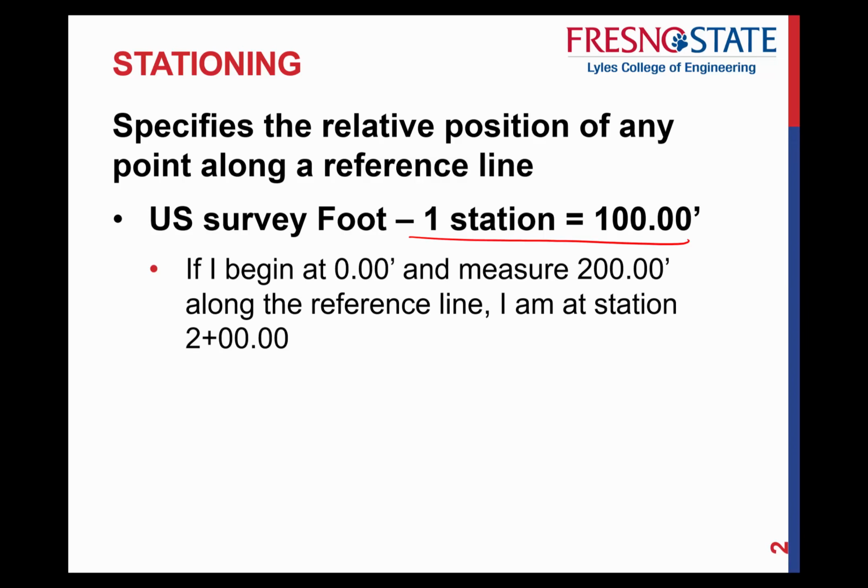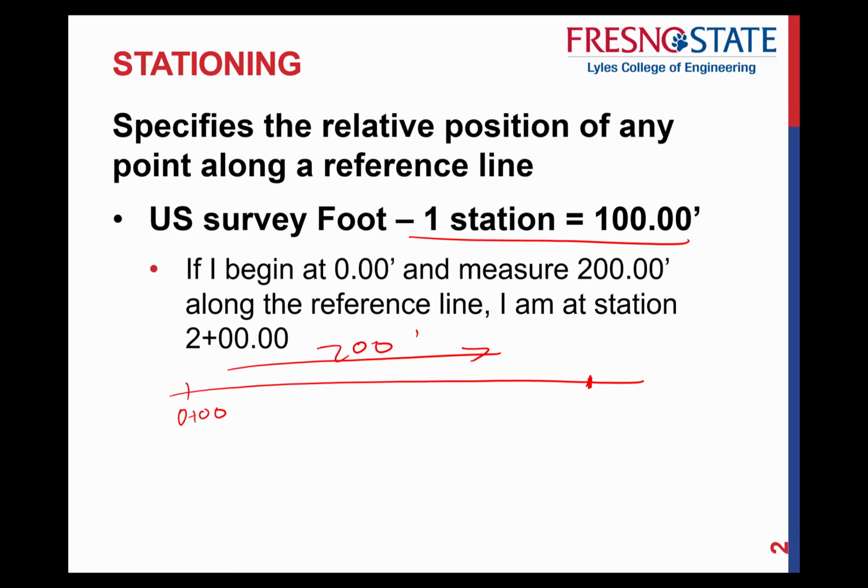So let's give you an example. If I began at a place where the reference beginning was 0, and I measured 200 feet along that reference line, I'm now at station 2 plus 00. Let's write what we have here. If this is 0 plus 00, and I measure along this line 200 feet and it stops right there, I want to know what the station is.